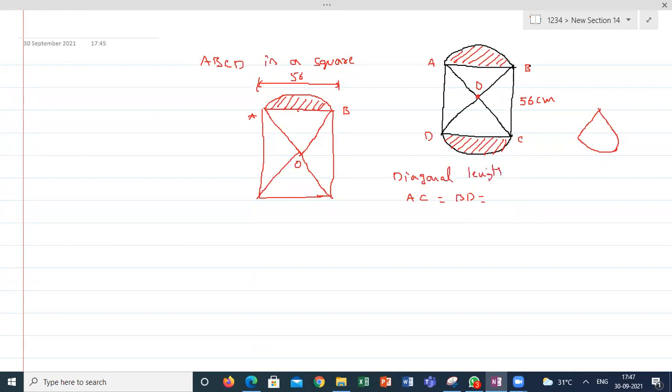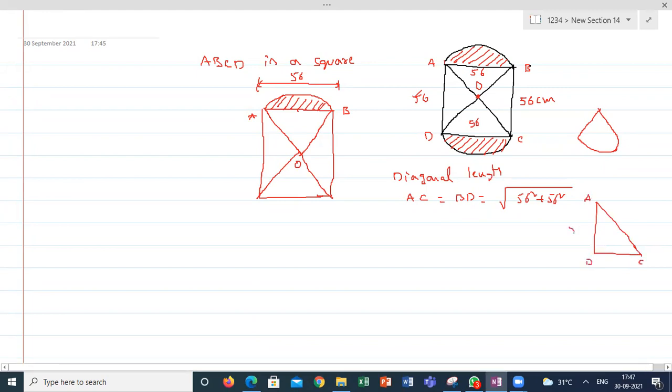This is also 56, this is also 56, this is also 56. How to calculate the diagonal length here? Square root of 56 square plus 56 square. Because if I take ACD, where AC is a diagonal, this is 56, this is 56, this will be 56 root 2.